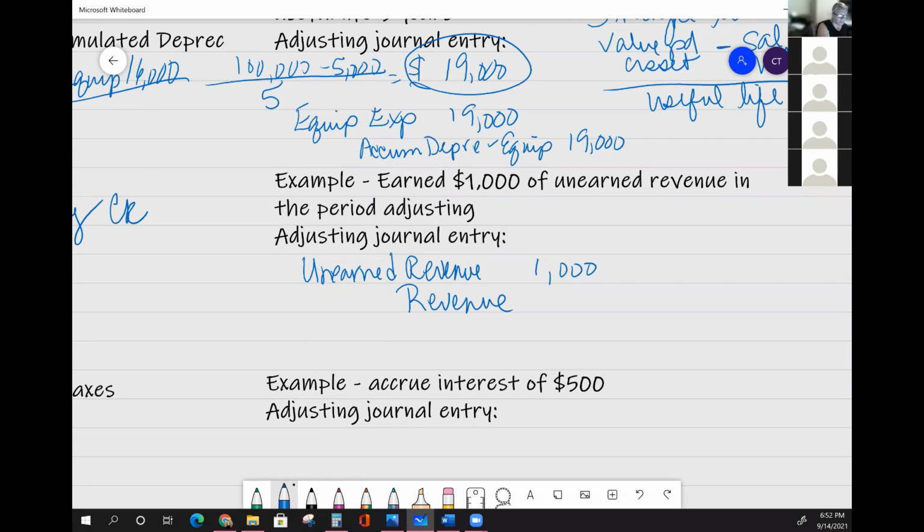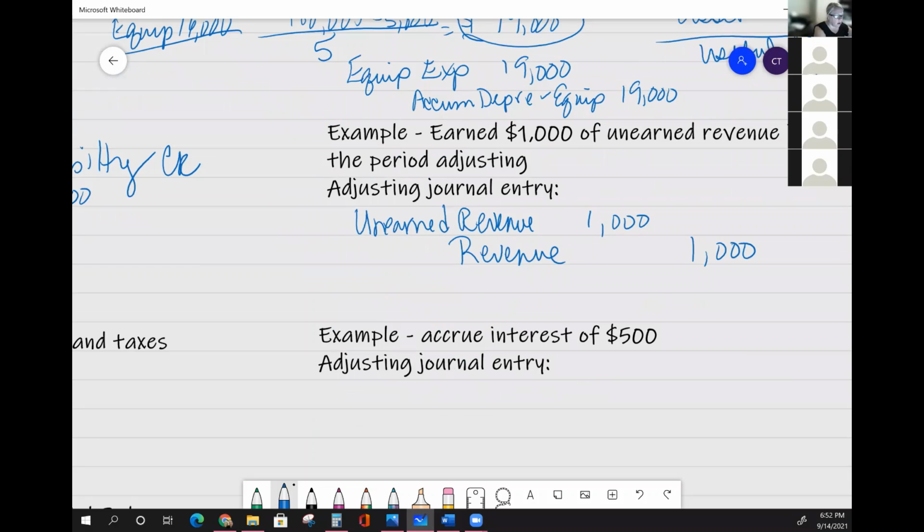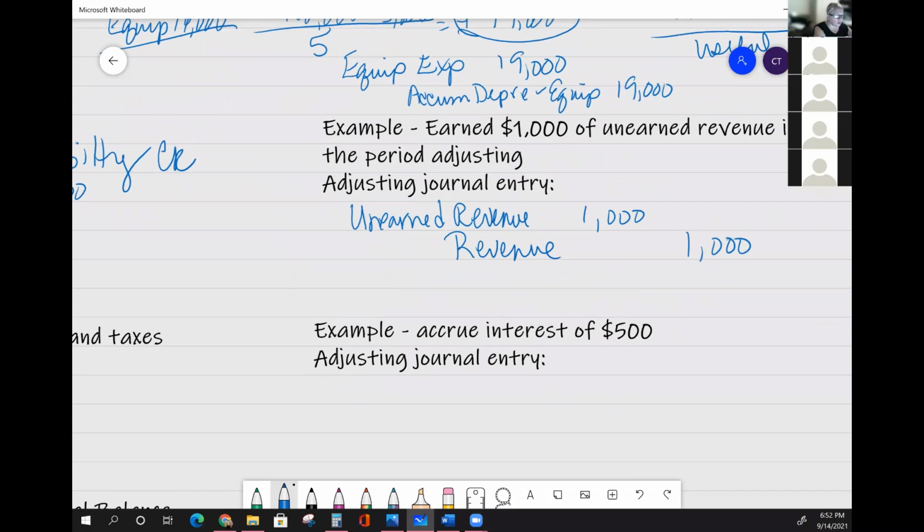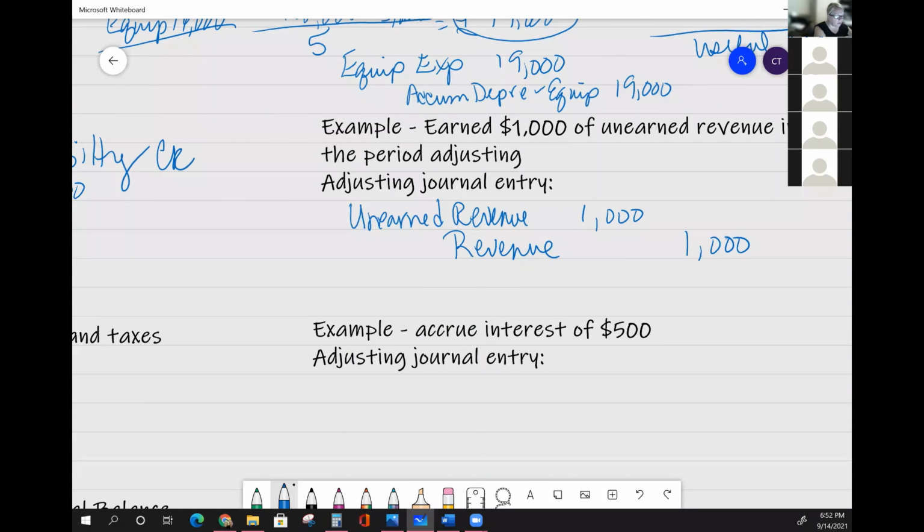I don't know if it's product revenue, sales revenue, or consulting revenue, but it's going to be a revenue account that you're going to recognize as a credit for $1,000 because we want to put into our income what we did for the consulting service. So now we want to recognize a portion of that revenue. So the debit is unearned revenue, credit the revenue account.